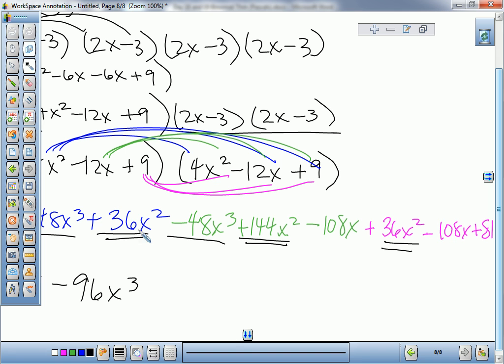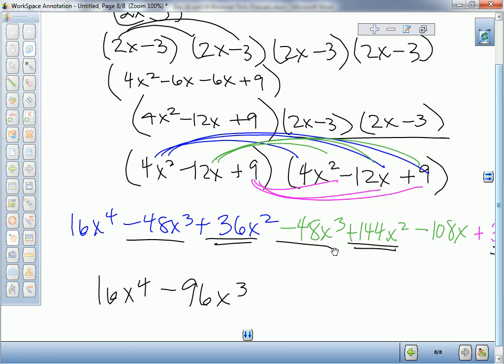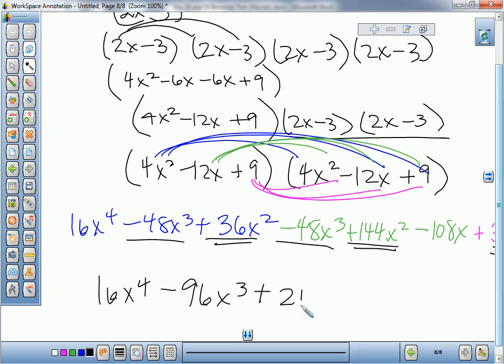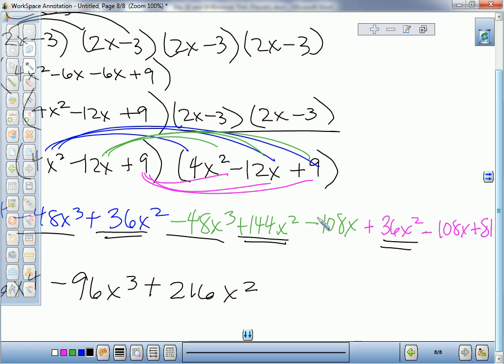All right, so 36 and 36 is 72. And 72 and 144 is 216. All right, now x's. So I got a negative 108 and negative 108 is negative 216.